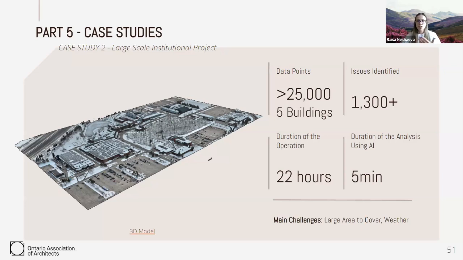And then when this imagery was processed with artificial intelligence in a very short time, engineers saw that it identified over 1,300 different issues on this particular campus, allowing property managers to really sit down and see which parts of the campus needed capital investments and improvements, and how improving those particular parts will improve the overall energy efficiency of the campus, reducing their energy consumption, and really helping them to distribute their funding.